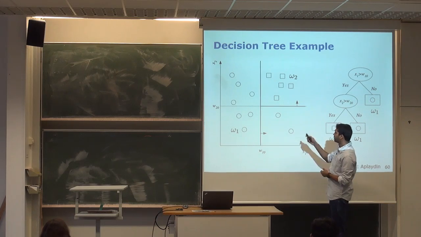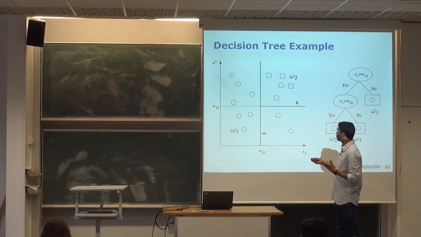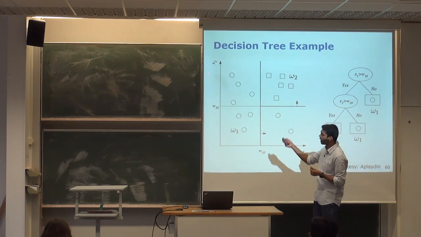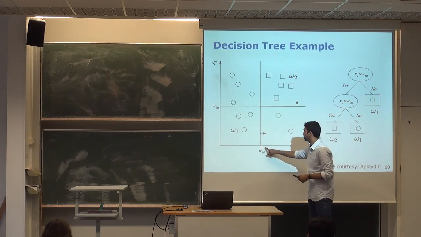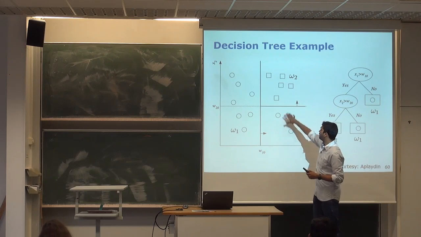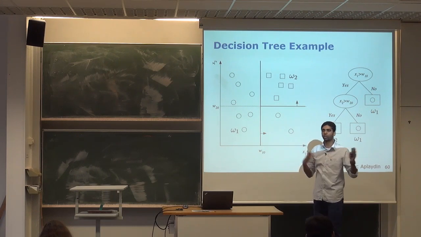In this case, you could see there are two questions asked. For example, you have two features, one on the x-axis and one on the y-axis. The first question you ask is, does my data point lie to the right or the left of this particular point? So this is a threshold, say W10. Does my training data lie on the right or the left? This will give you a yes or a no answer.